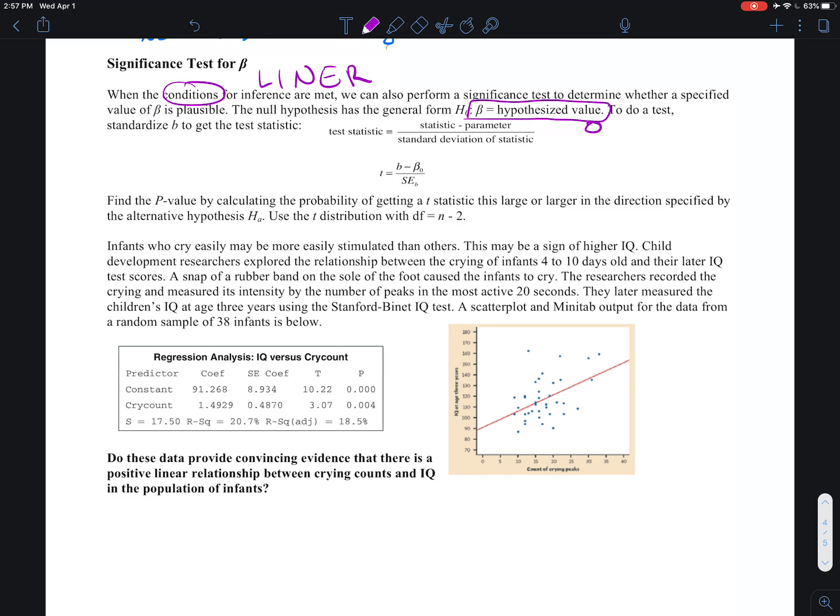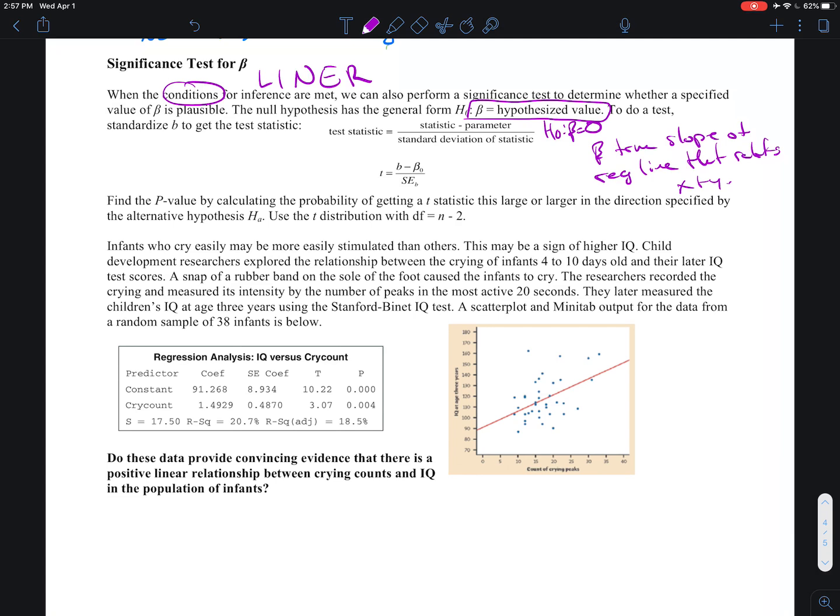But in most cases, the null is that beta equals 0, and beta is the true slope of the regression line that relates x and y, whatever that happens to be in your particular problem. And then the alternative may be less than, greater than, or a two-sided not equal to.